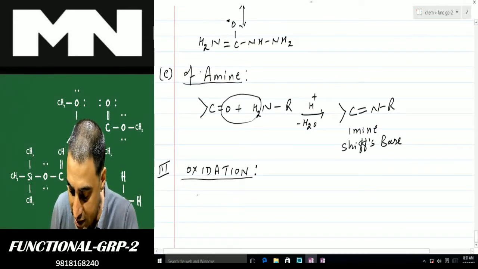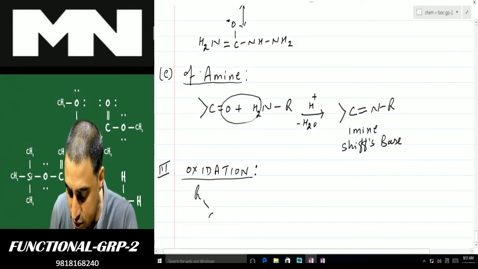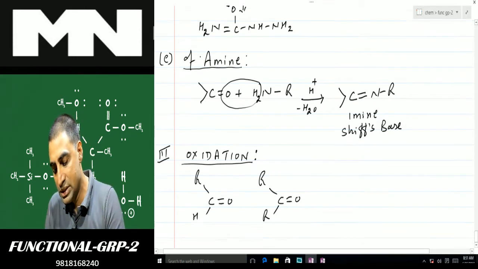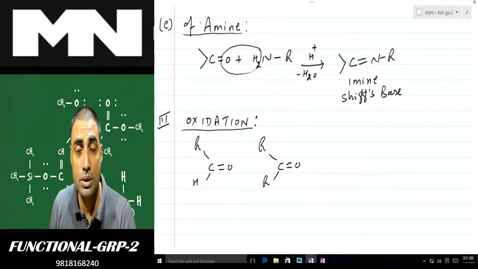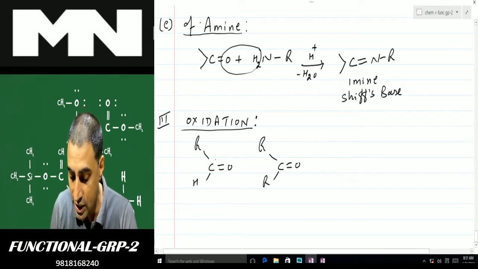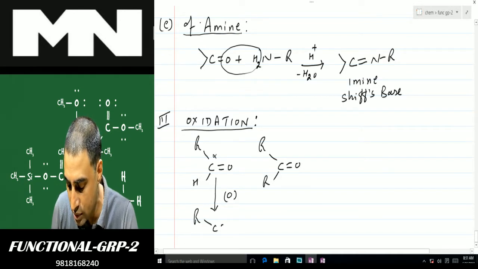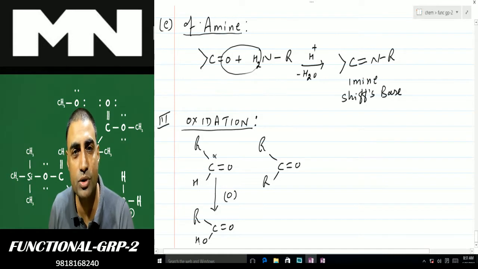So let us first have a look at aldehyde and ketone. If I talk about aldehyde, the general structure, as you know very well, is like this. And ketone is like this. Since aldehyde has got a hydrogen attached to the functional group carbon, it can easily undergo oxidation and will form a compound like this, that is carboxylic acid.